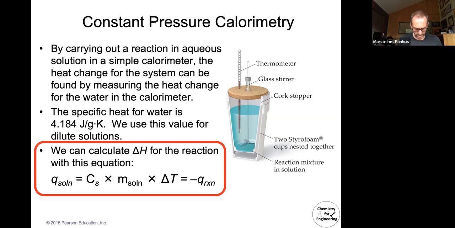And M sol, excuse me, that is the volume of water converted to mass. So for example, 200 milliliters equals 200 grams. Was that clarified? Cool, thank you.